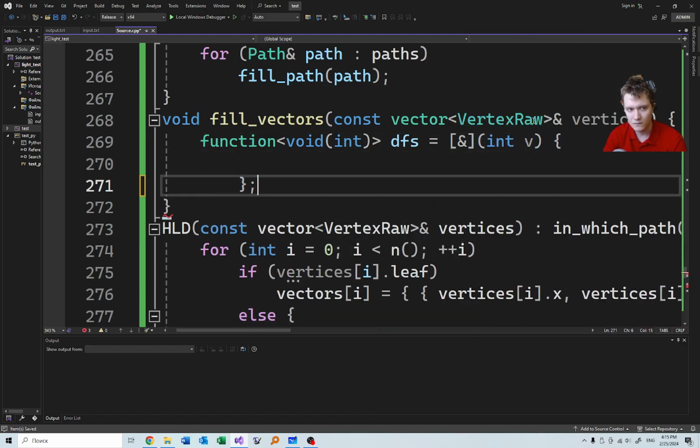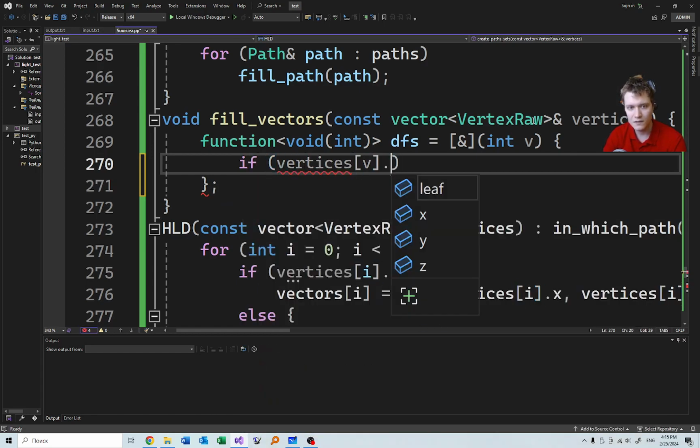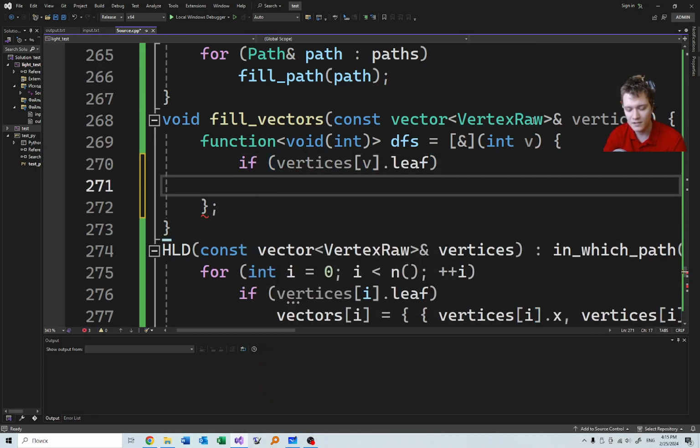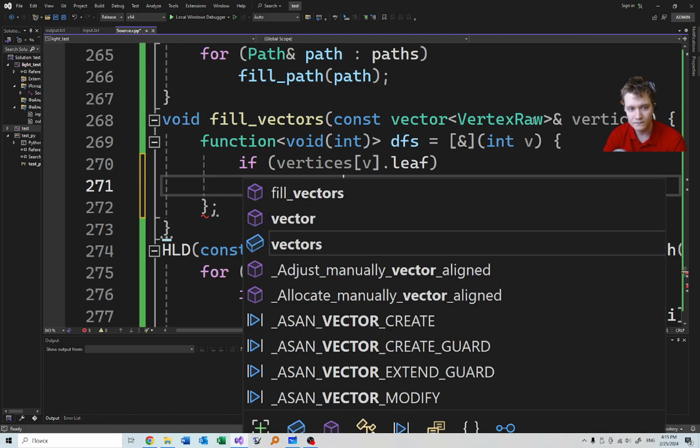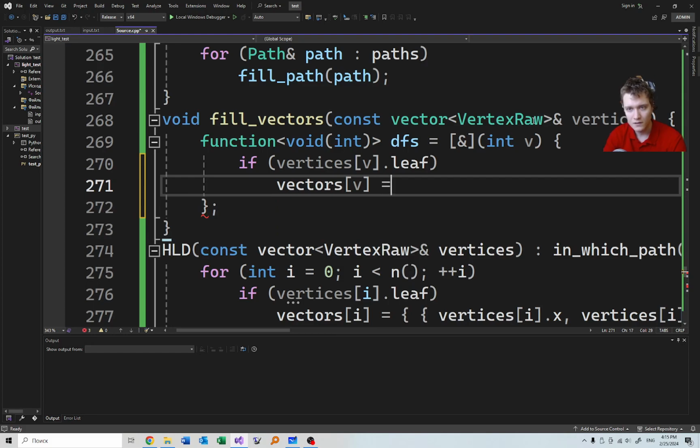So if vertices v is a leaf, then we simply say that vectors v is this vector.